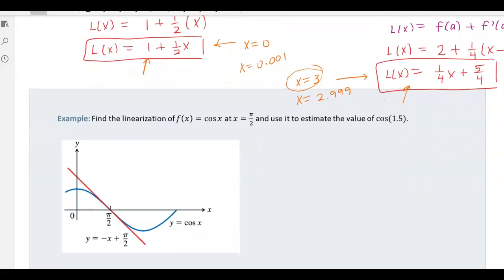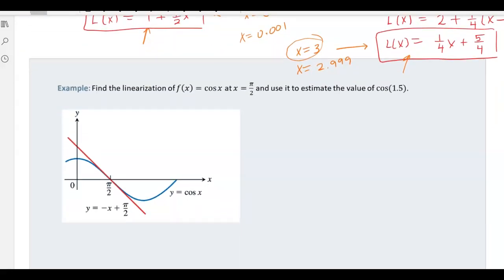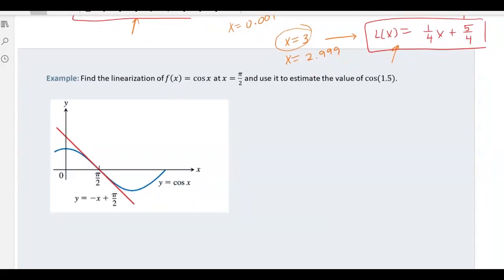So we're going to do an example here where we're going to use the linearization to estimate the function value of cosine of 1.5. Now, if we take pi over 2, in decimal form it is about 1.57, and it goes on because it's an irrational number, right?